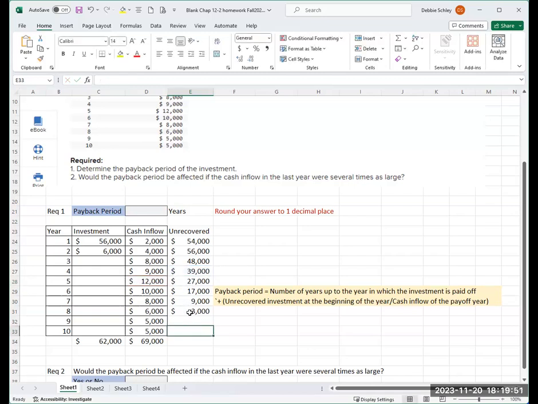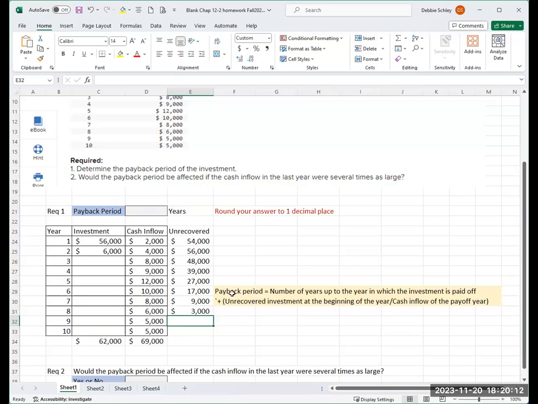And I keep going down, and if I drag it one more, then I end up with a negative value. So I know that I'm going to stop the year before, so year 8, and then I'm going to finish paying it off in year 9.